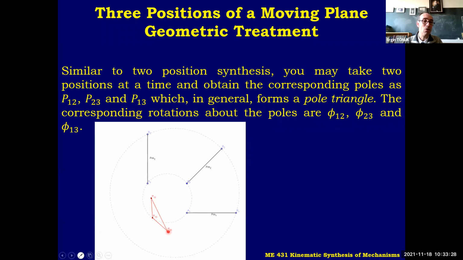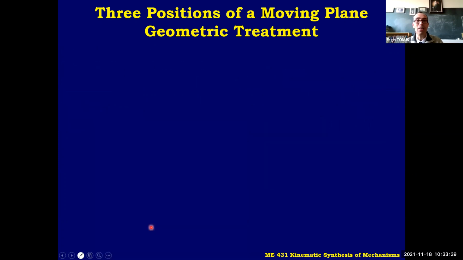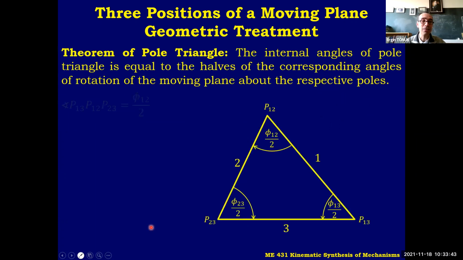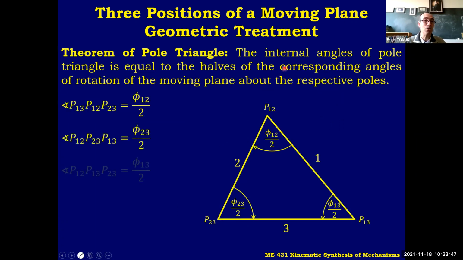But we also have a pole triangle like this. And we will see certain properties. There's a theorem called the theorem of the pole triangle, and actually the internal angles of the pole triangle are equal to the halves of the corresponding angles of rotation of the moving plane about the respective poles.